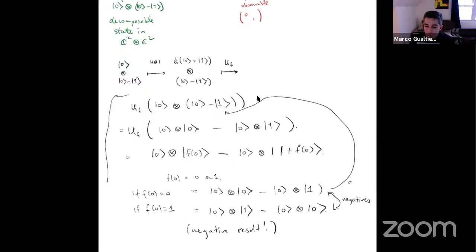Okay, that's the reason why I wanted to input 0 minus 1. It's just because I have arranged a linear combination so that if 0 and 1 are reversed, it creates a sign change in the wave function.